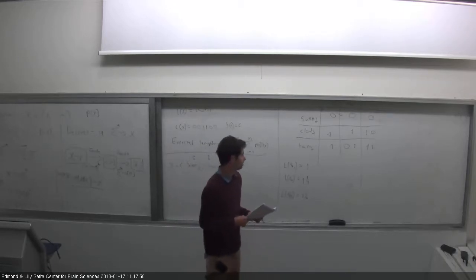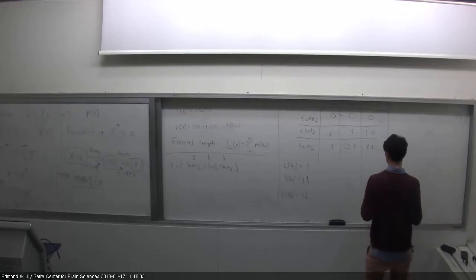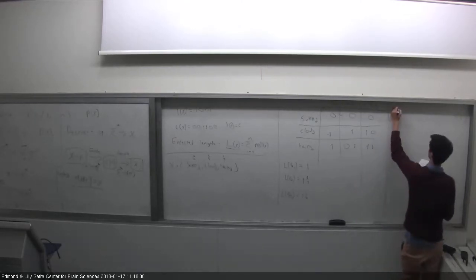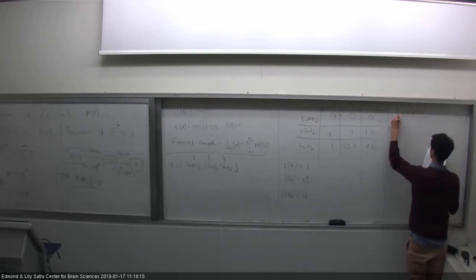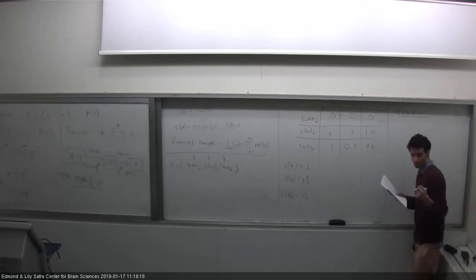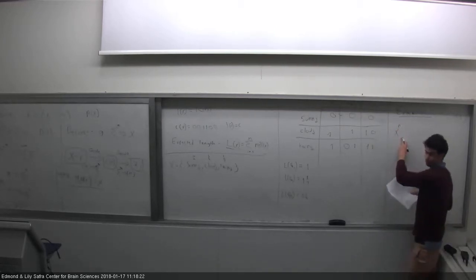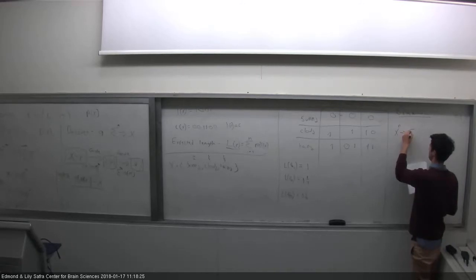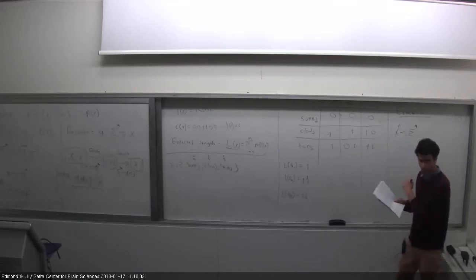To do it, we will say that the extension of the code is a mapping from X to the n to sigma star.